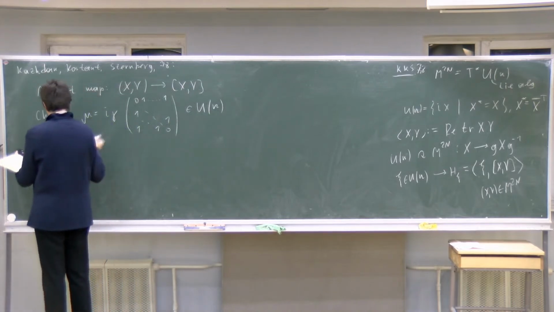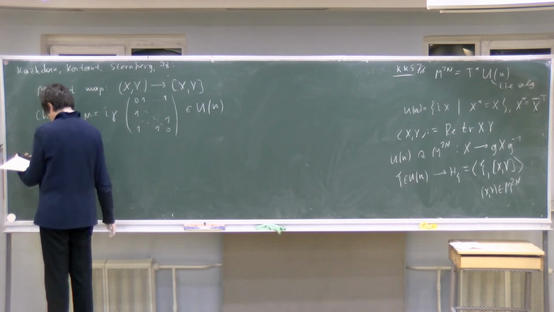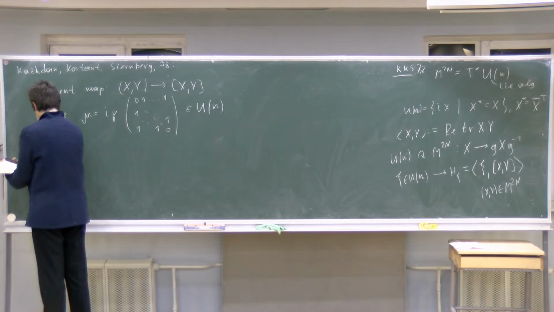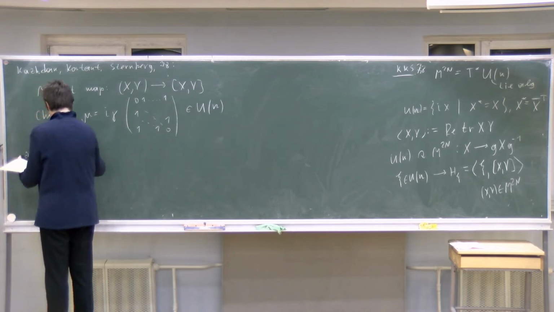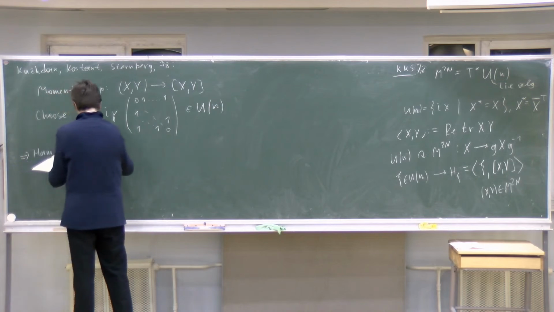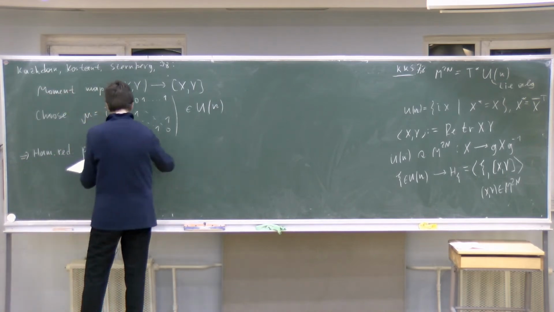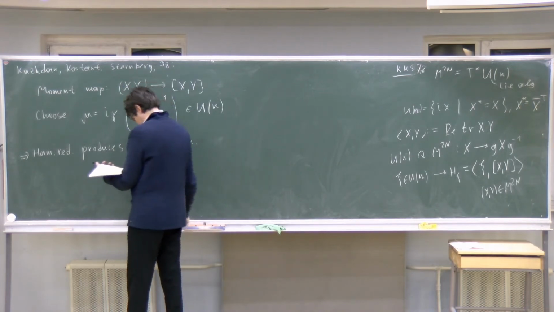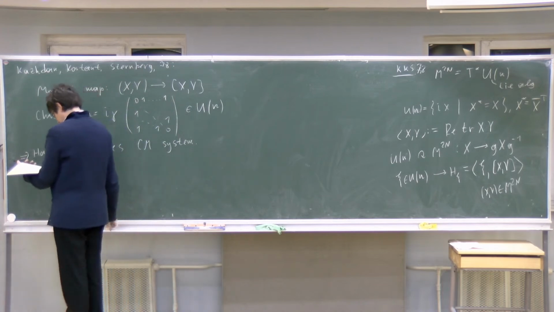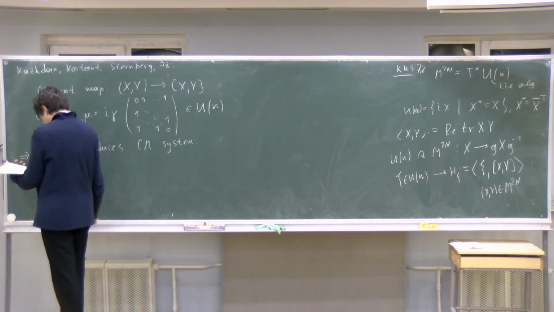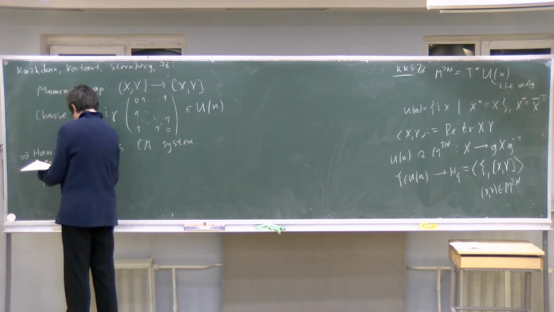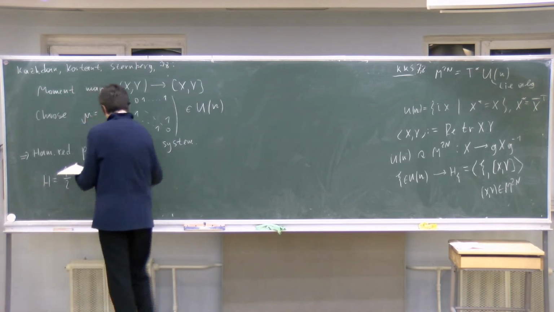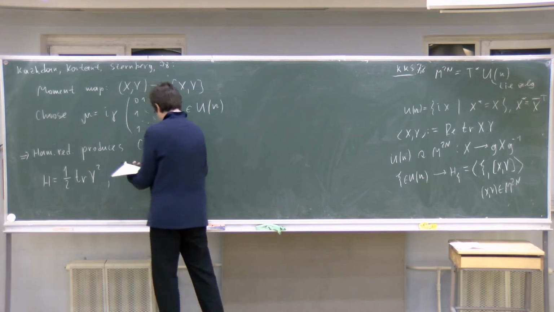And then for this mu, this Hamiltonian reduction produces the Calogero-Moser system. We again take H to be equal to 1 over 2 trace Y squared, where Y is a concrete, very concrete matrix.